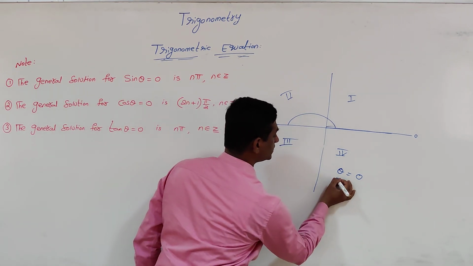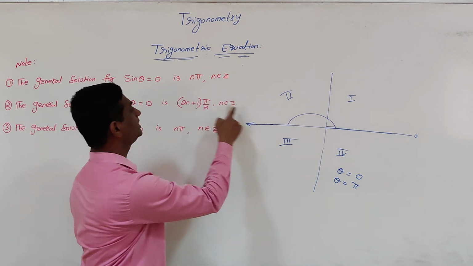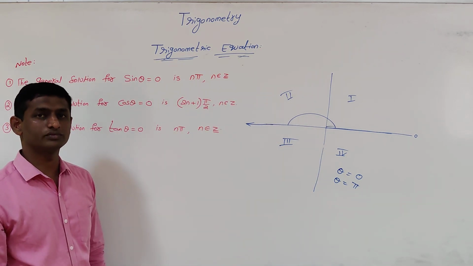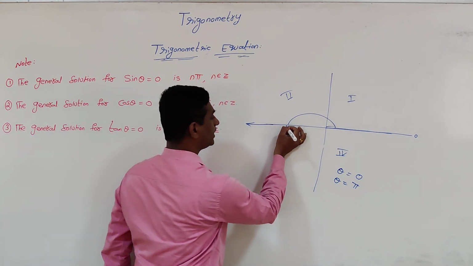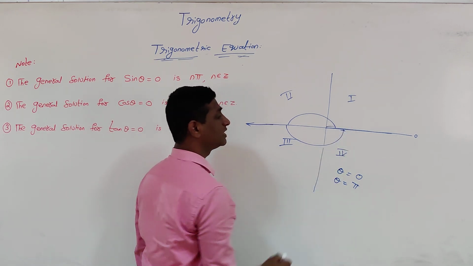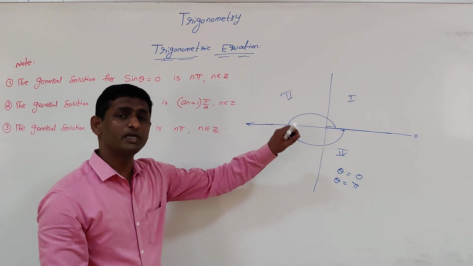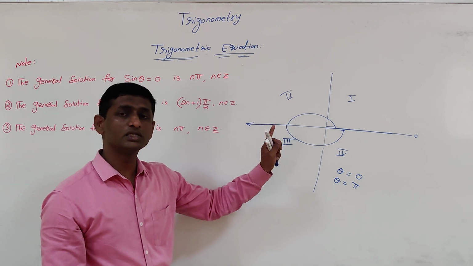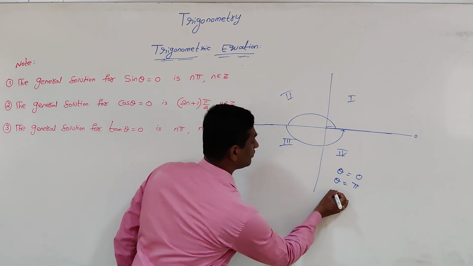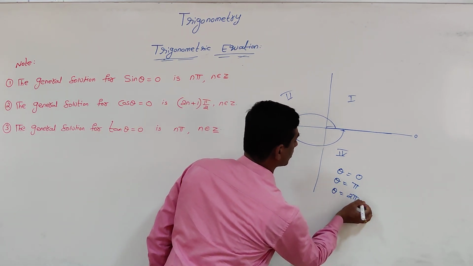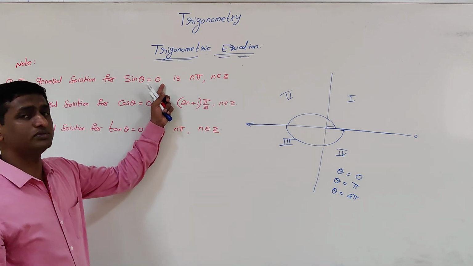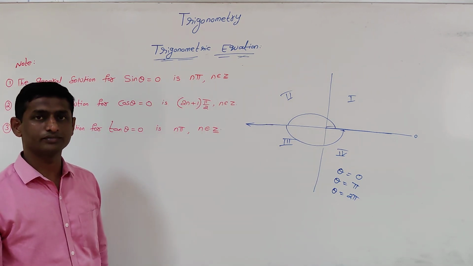So if theta is equal to pi, sin pi becomes 0. Again, if you rotate, it comes back to the original position after one turn, that is 360 degrees. So if theta is equal to 2 pi, sin 2 pi is also 0.